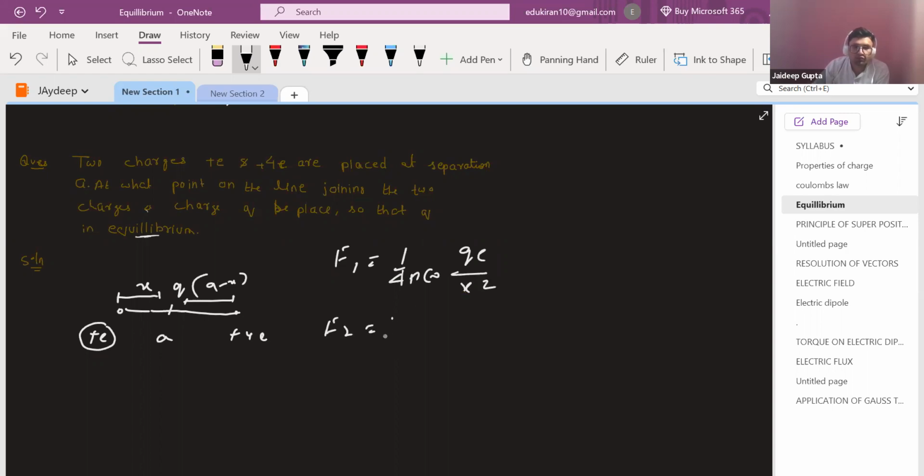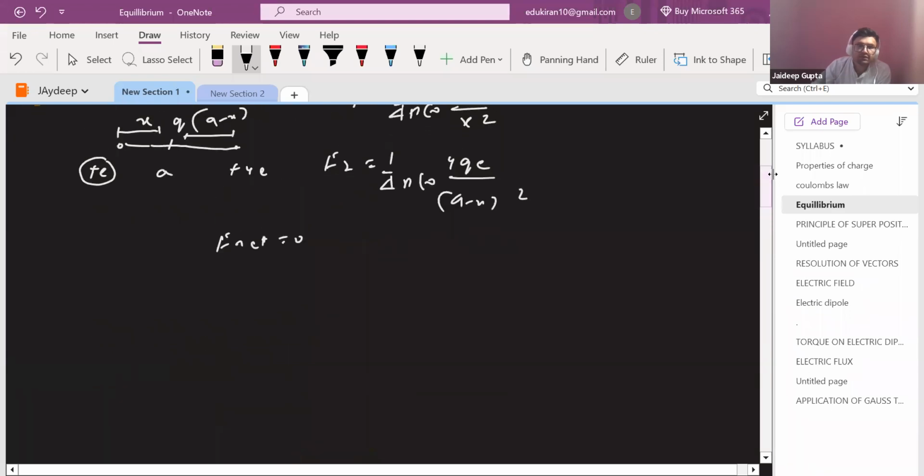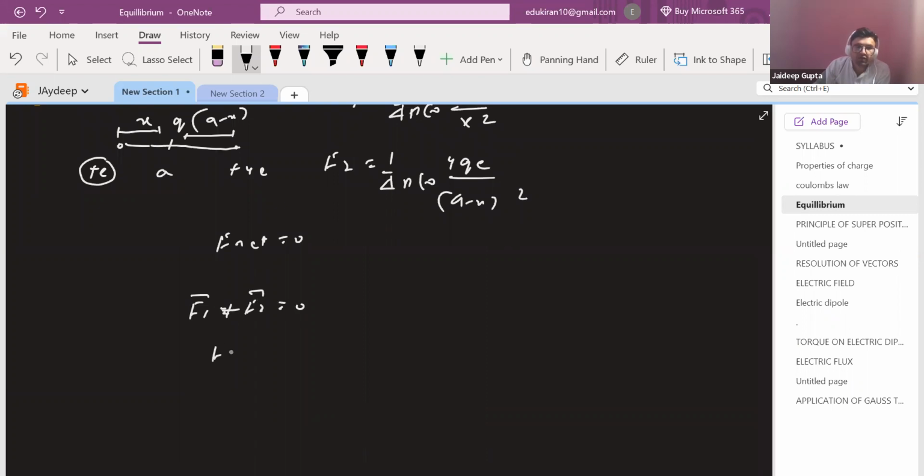And F2 equals 1 over 4 epsilon, Q into 4E over (A minus X) whole square. Now the net force is 0, which means F1 vector plus F2 vector equals 0. So F1 vector equals minus F2.